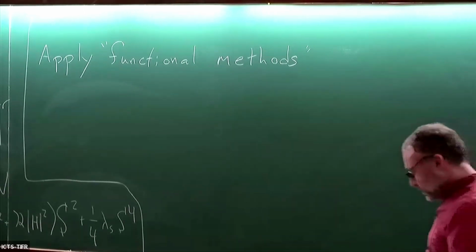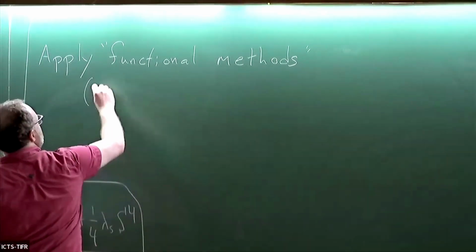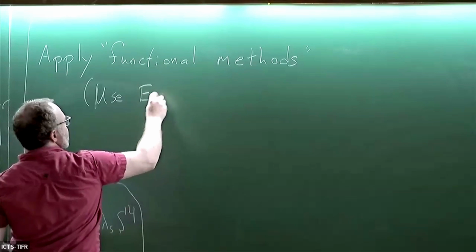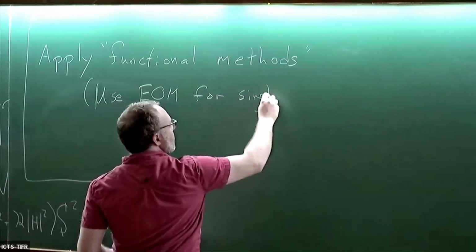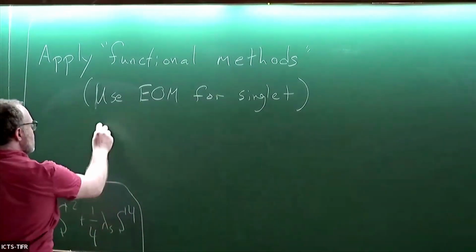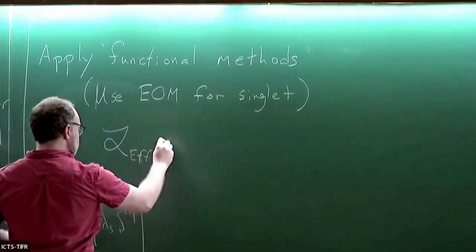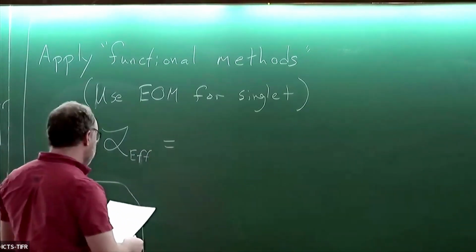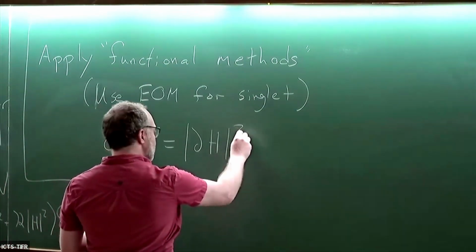Okay, so we're going to just use the equations of motion for the singlet. And what we get is what I'll call L effective, relatively standard terminology. This is not the EFT yet, okay? And I'll explain why in a moment.